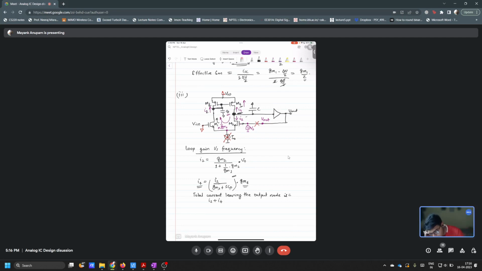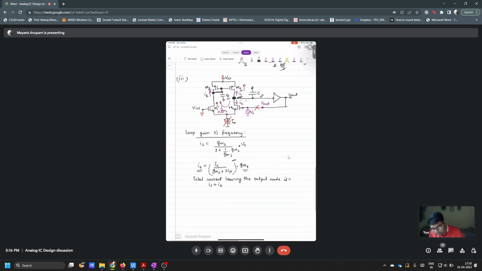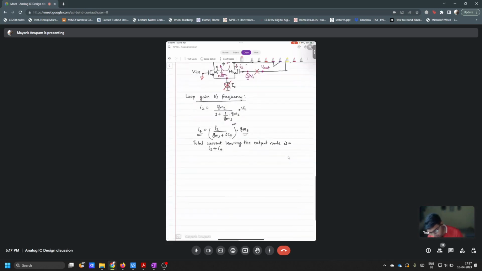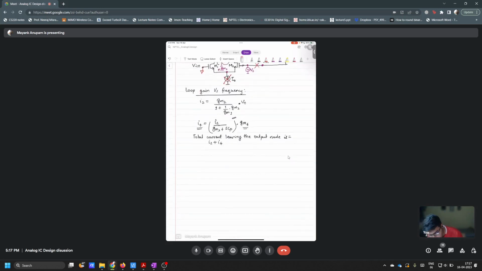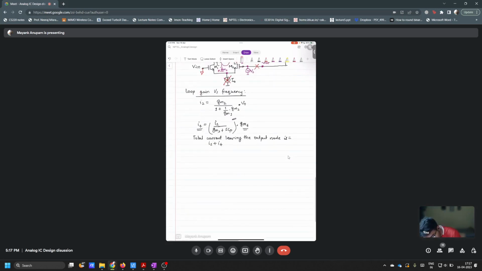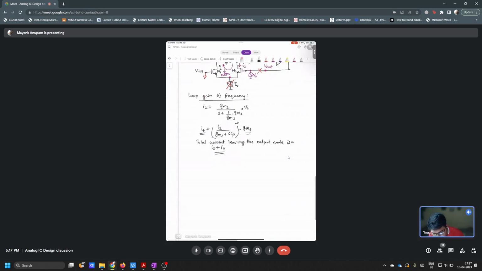So what will be the output impedance here at this node? 1 by SC, correct. There is a capacitor here. If this capacitor is not there, then it will be infinity. Since there is a capacitor, the output impedance is not infinity, it is 1 over SC. So this I2 plus I4 will flow through 1 over SC, isn't it?